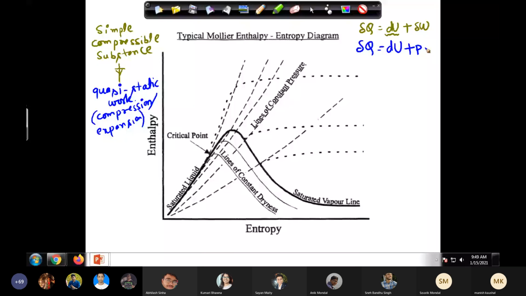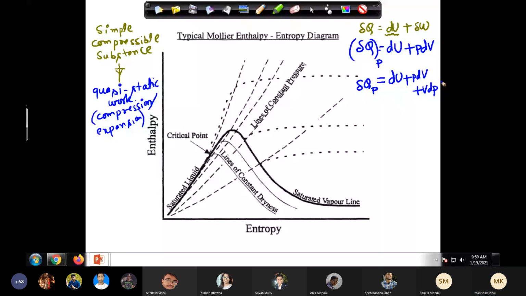Now, if we do it at constant pressure, I am putting a subscript. Now I am doing the process at constant pressure. So, dou Q at constant P. Since it's at constant pressure, I can write dU plus PdV plus I can add VdP, it doesn't matter. Why? Because dP is 0, so adding 0 doesn't create any problem.